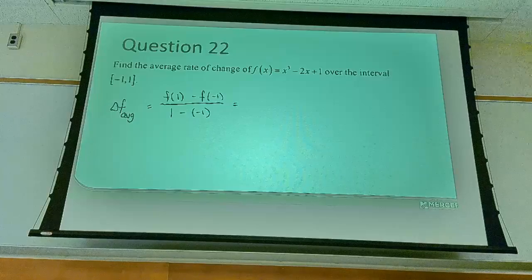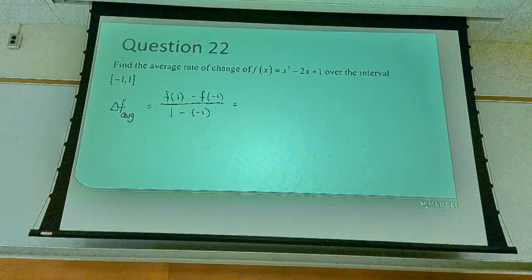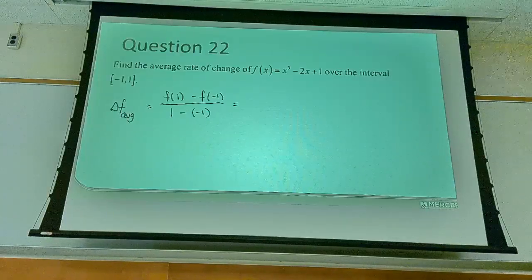F of 1 is 0. F of negative 1 is 2. Positive 2, right? 1 minus negative 1.